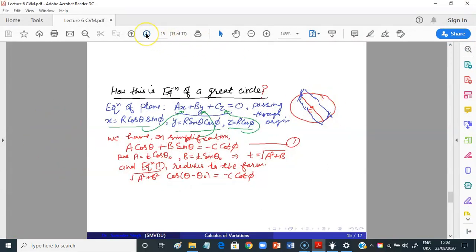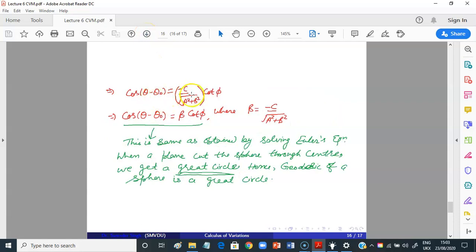When we further simplify this, we get cos of theta minus theta naught, and again the whole thing is constant. You denote this constant by beta. Now the equation is the same as we have obtained by solving the Euler equation. When a plane cuts the sphere through the center, we get a great circle. Hence, the geodesic of a sphere is a great circle.